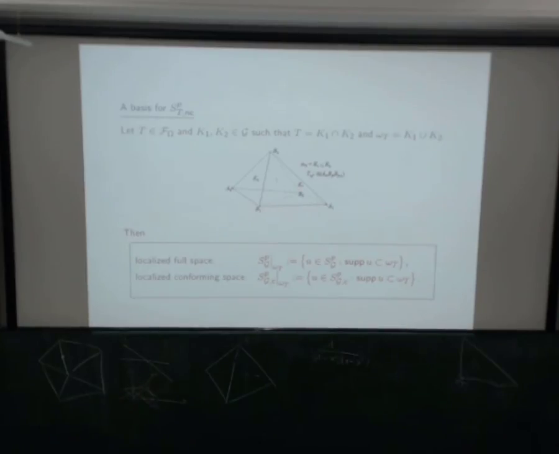Okay, and now it becomes complicated, but I have here the drawing, but I cannot color it dynamically. So we have one triangle and two tetrahedrons which are attached. Then we have three facets on this side and three facets from the other side.